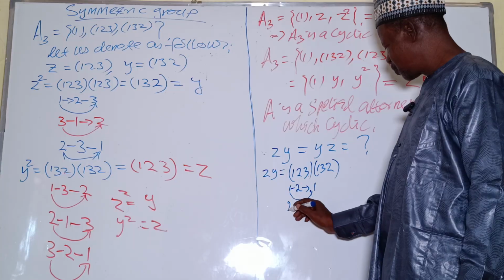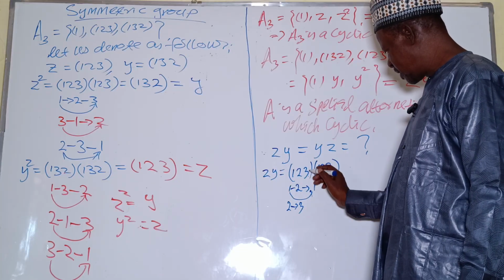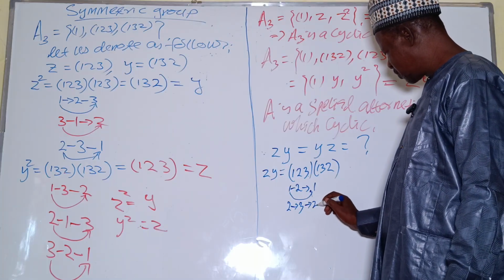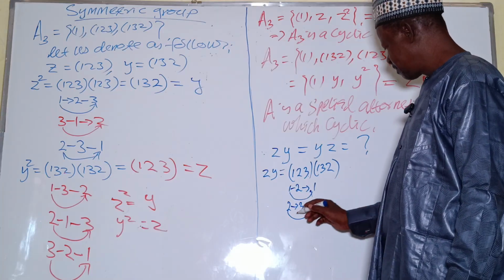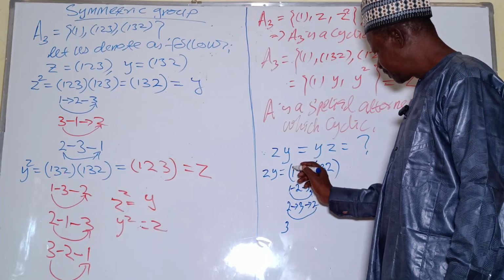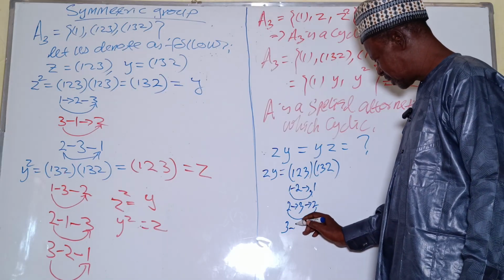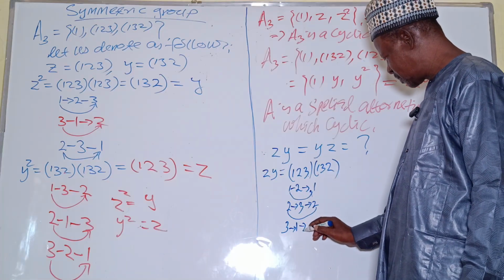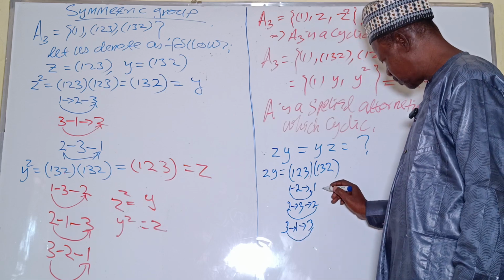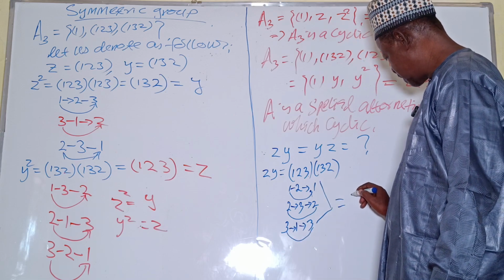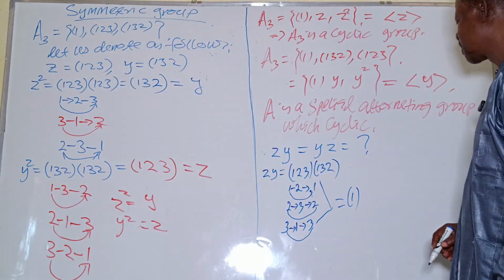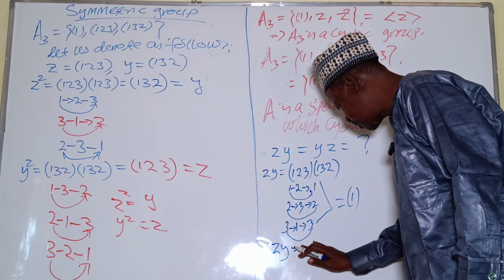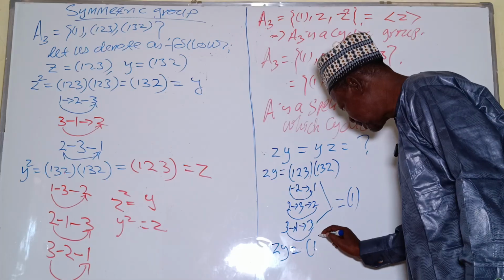Now pick 2. 2 is mapped to 3 here, and 3 is mapped to 2, so 2 is also fixed. Now pick 3. 3 is mapped to 1 in the first cycle, and 1 is mapped to 3 in the second cycle, so 3 is also fixed. So ZY gives you an identity element.